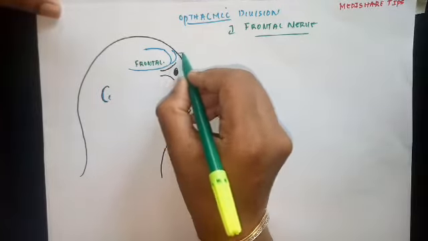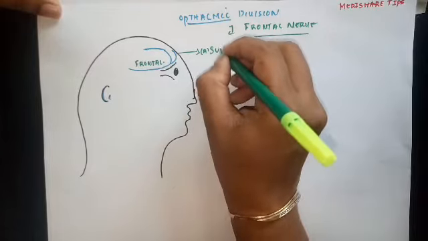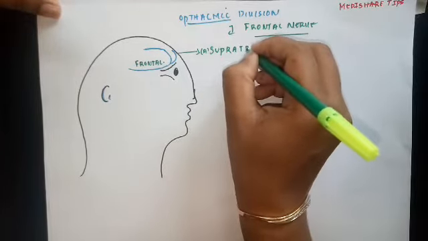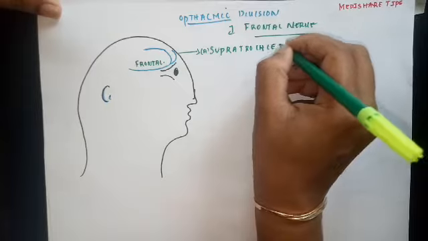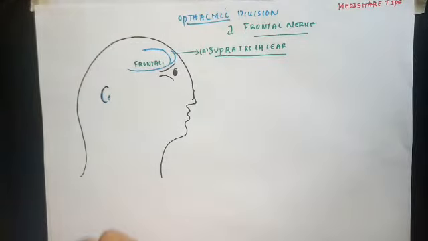This one which is located medially is known as the supratrochlear nerve.